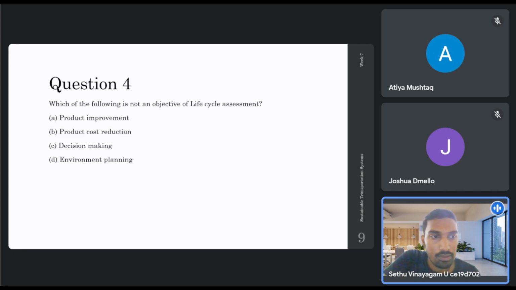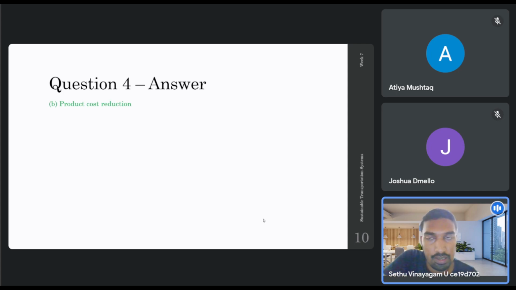All right. So the right option is option B. It is product cost reduction.